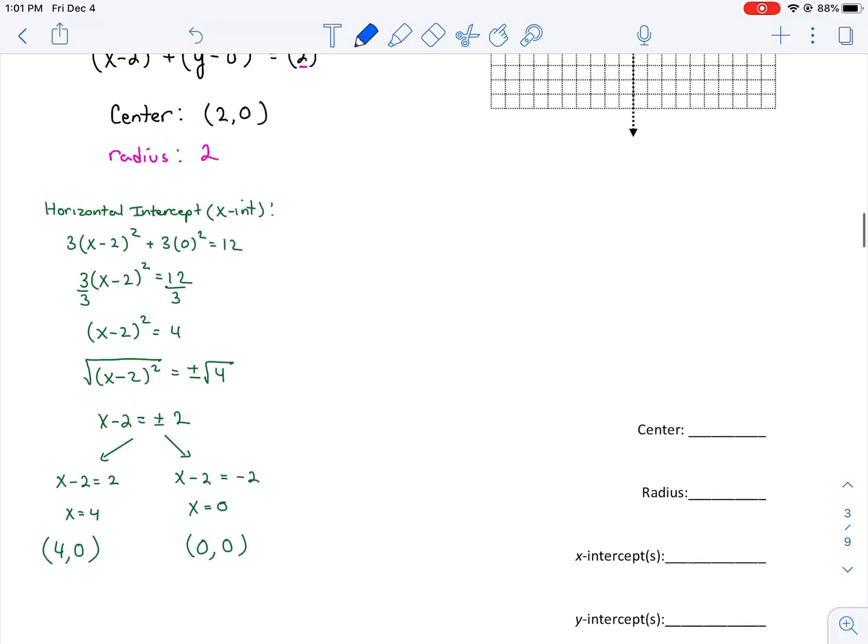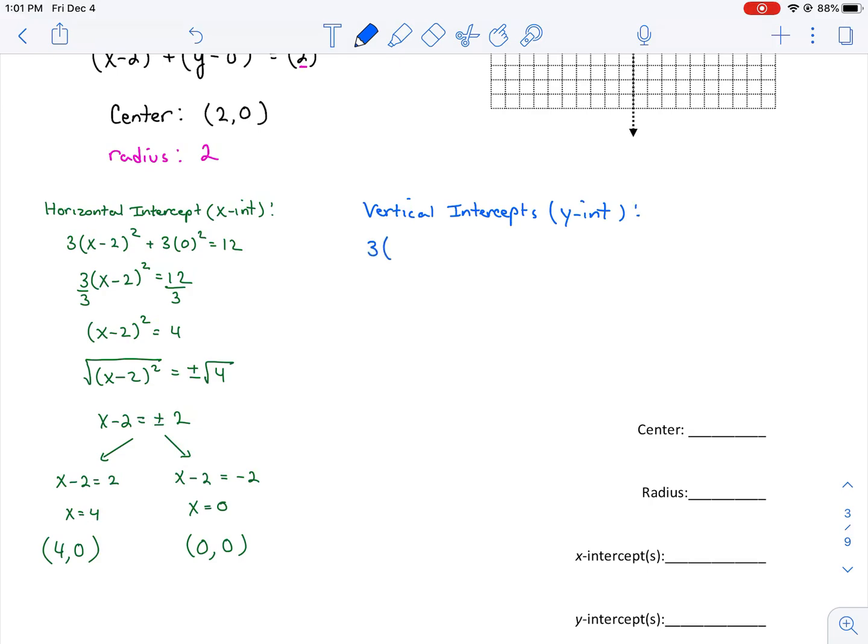Now for the vertical intercept. And that's going to be, in this case, the y-intercept. All right, so what I'm going to do is I'm going to substitute 0 in for x and solve for y.